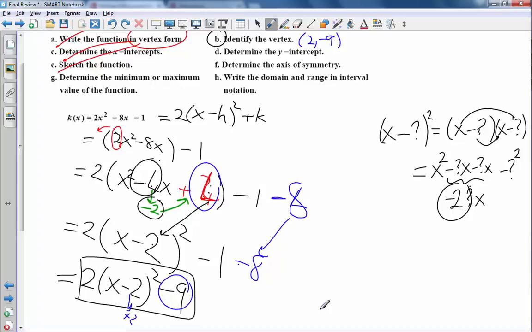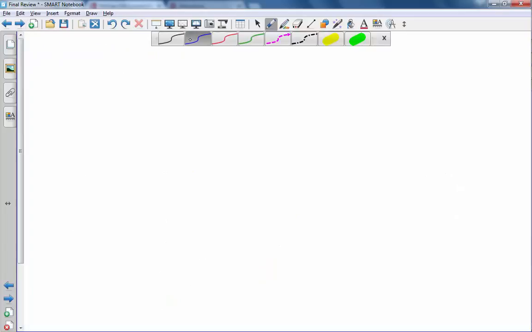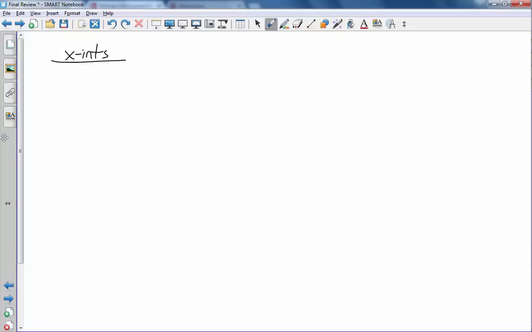Alright, x-intercepts. Alright, let's do it on the next page. Usually, how do you guys find x-intercepts in any function? To find x-intercepts, what do we do? For any function.